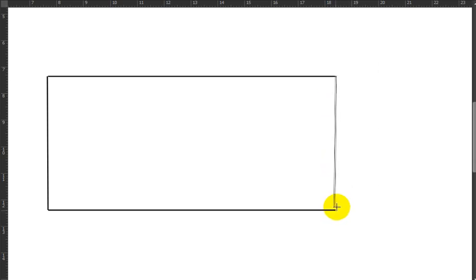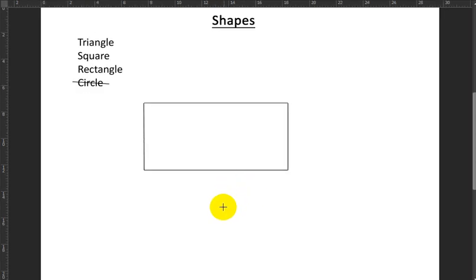No ruler required. So there you go. There's a rectangle. Perfectly made. Alright? Great. Now let's erase all that.